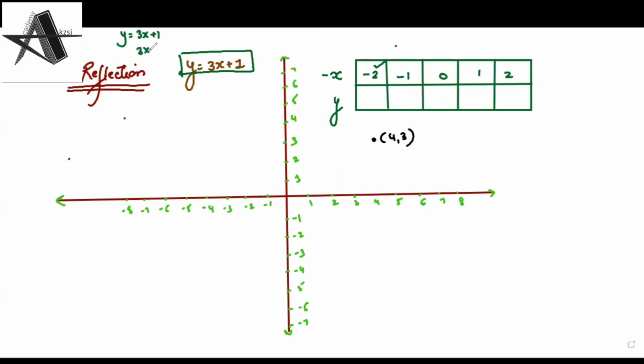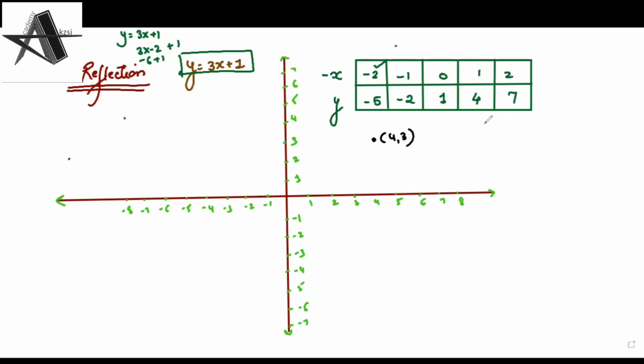So 3, replacing x with -2, -6 plus 1 will give you -5. Next, 3x plus 1, you have to replace x with -1. So this will be -3 plus 1 is -2. When you put 0, it will give you 1. You just keep on replacing x and get the value of y. Then this will be 4 and this will be 7.